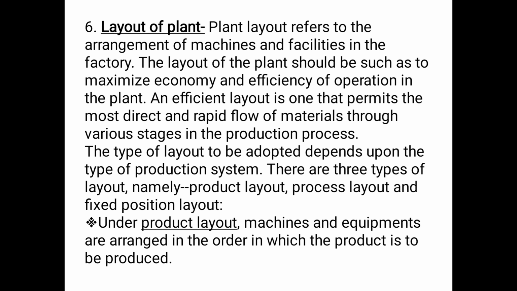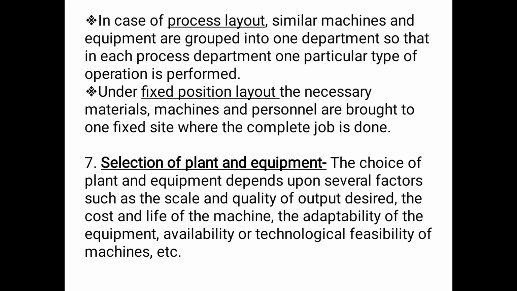That is, under product layout, machines and equipment are arranged in the order in which the product is to be produced. In case of process layout, similar machines and equipment are grouped into one department so that in each process department one particular type of operation is performed. And under fixed position layout, the necessary materials, machines and personnel are brought to one fixed site where the complete job is done. So this will be the answer to this question.